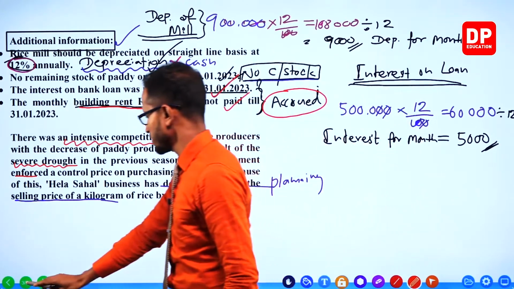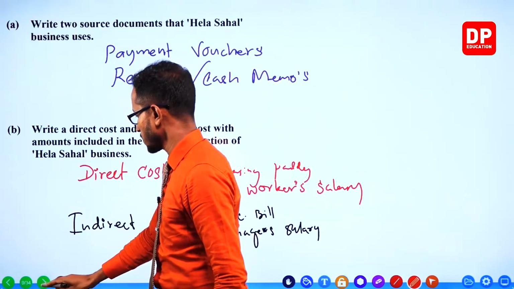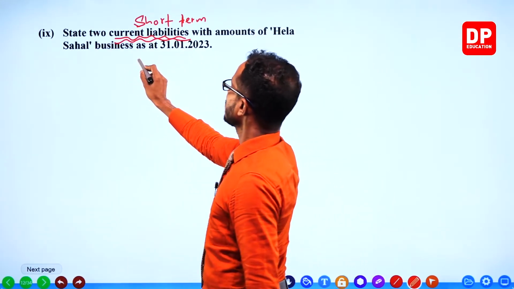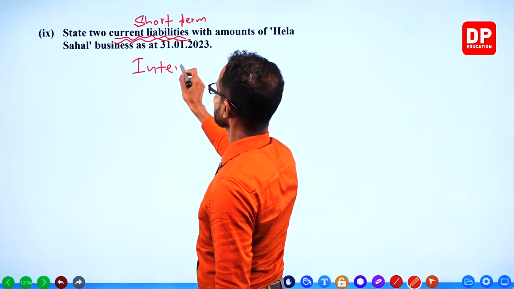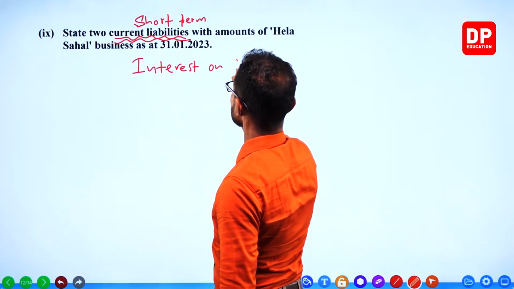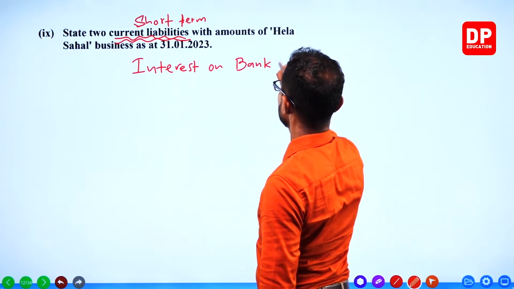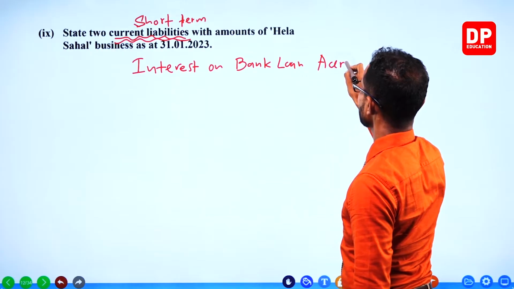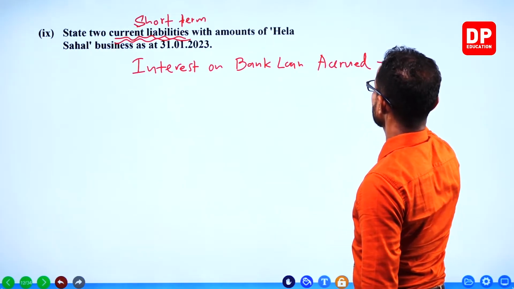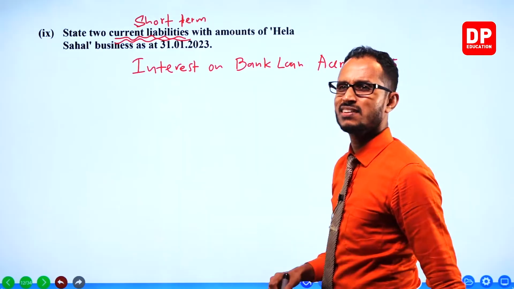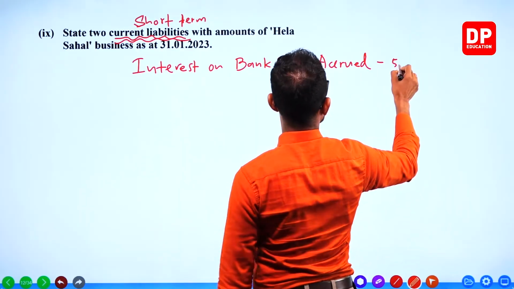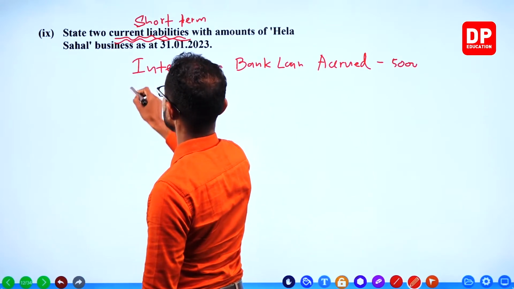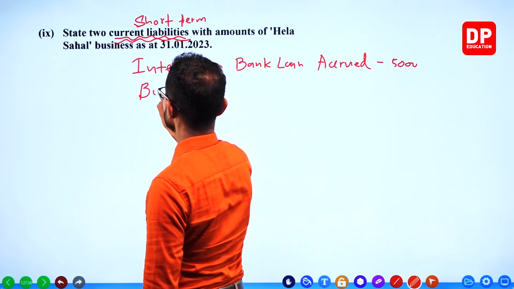Both are current liabilities. 2 current liabilities. Interest on bank loan, accrued, 5,000, right? Yeah, 5,000. And building rent.